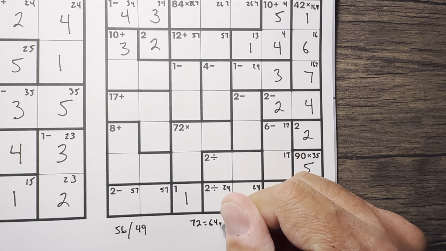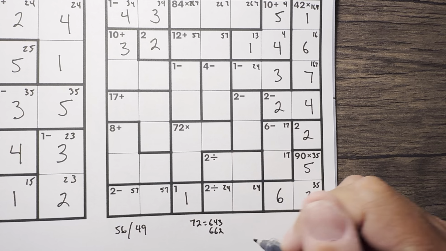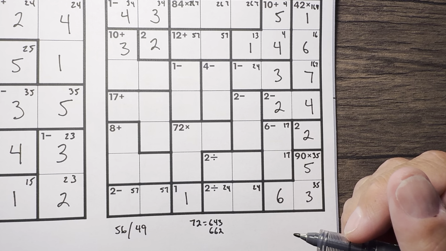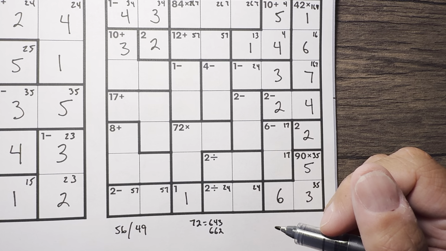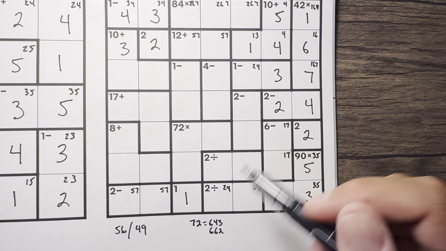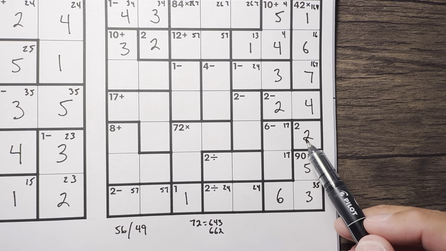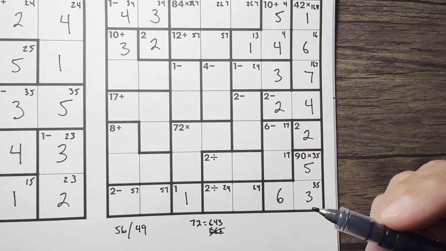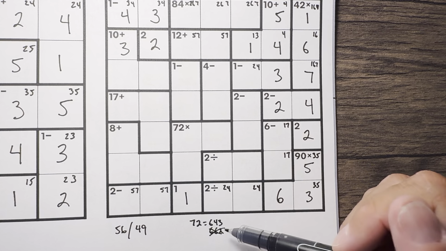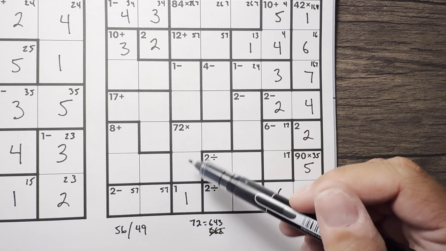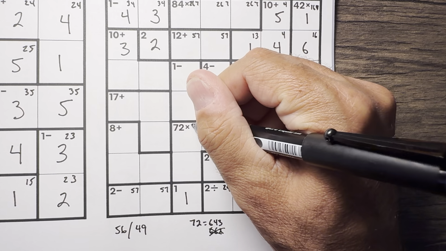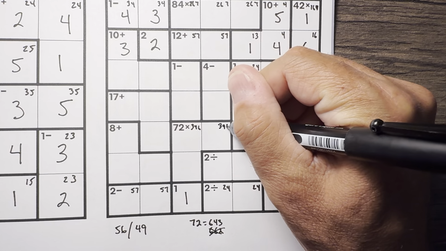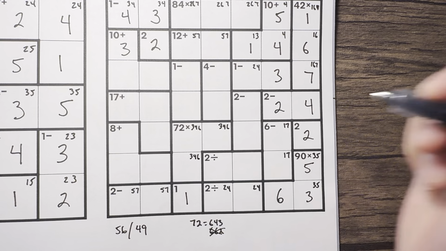So 6, 4, 3, 6, 6, 2. I think that's it. But 6, 6, 2 breaks. So this is 6, 4, 3. And that doesn't do anything for us. All right. 3, 4, 6.